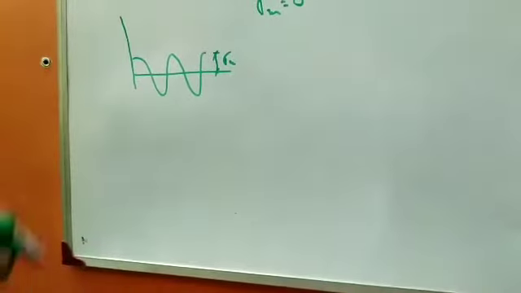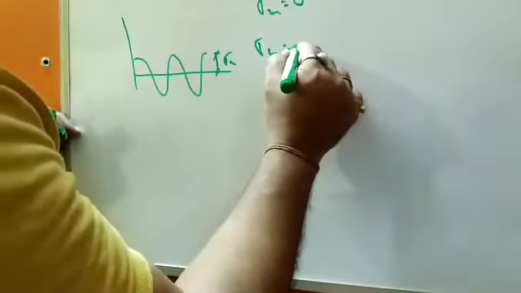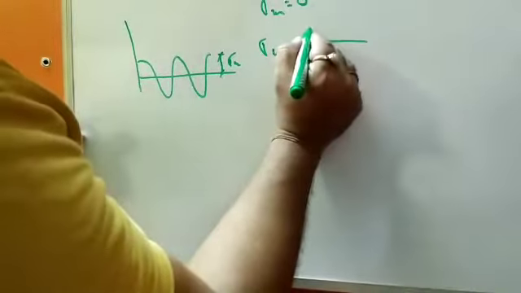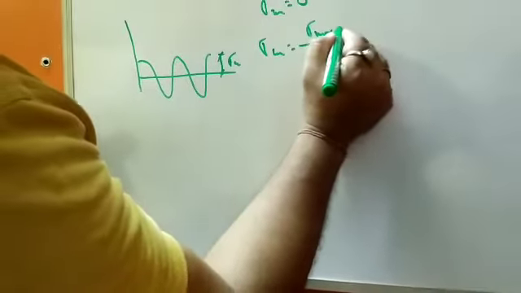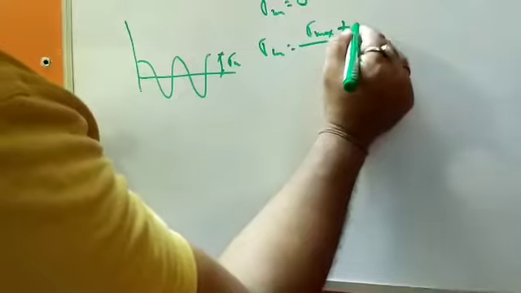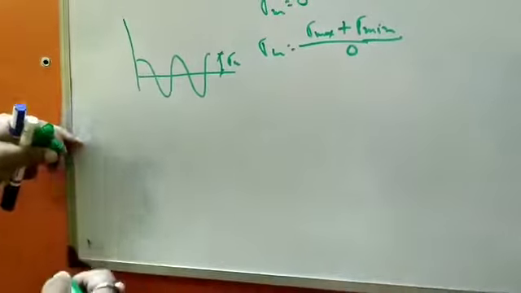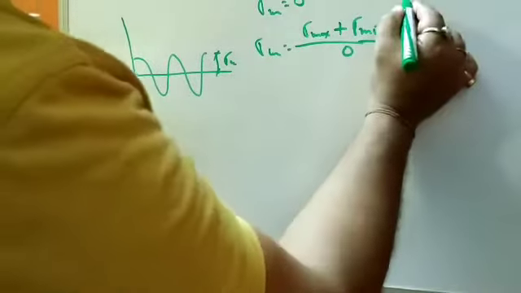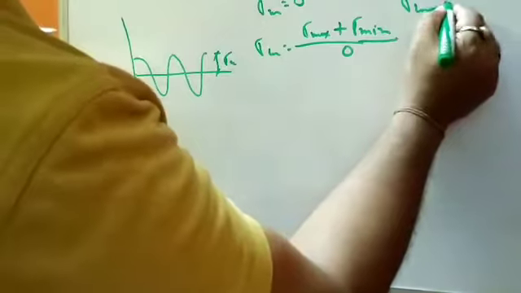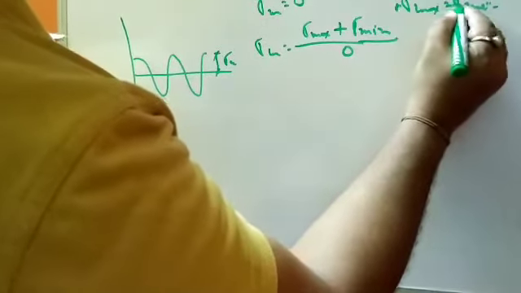Why is sigma M 0? Because sigma mean is basically sigma max plus sigma min by 2. Sigma max and sigma minimum are the same in magnitude, so sigma min is equal to minus sigma max.